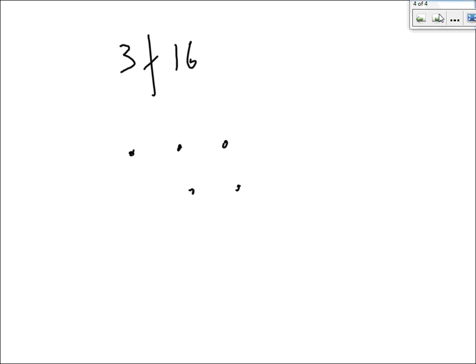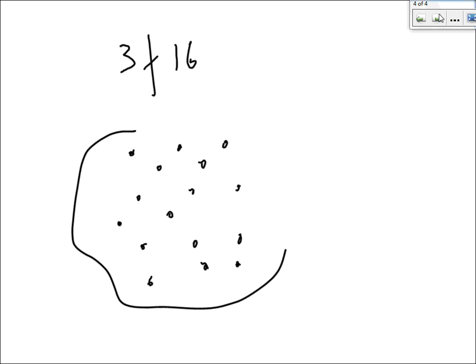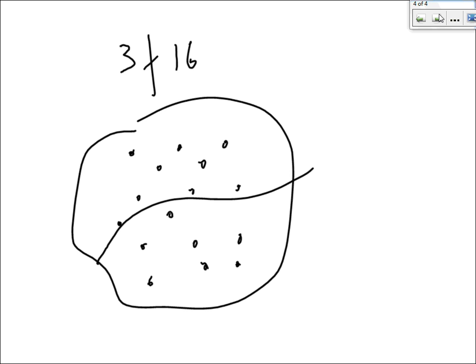I partition them somehow, like 3, 5, 8, 9, and 7. We're dividing by 3, so the remainder should either be 0 or 3, I said. But I also carefully said that's only if this number goes into that number.